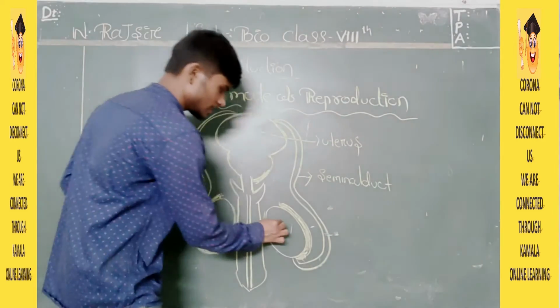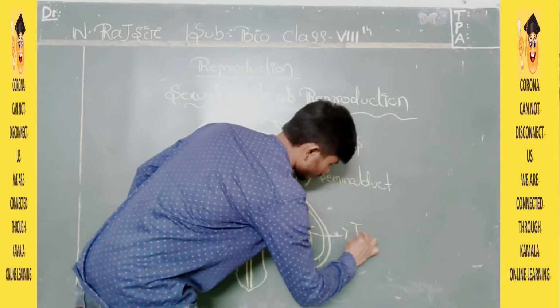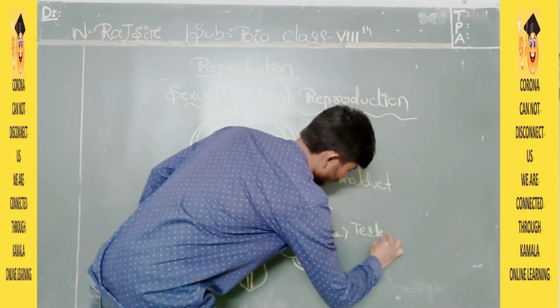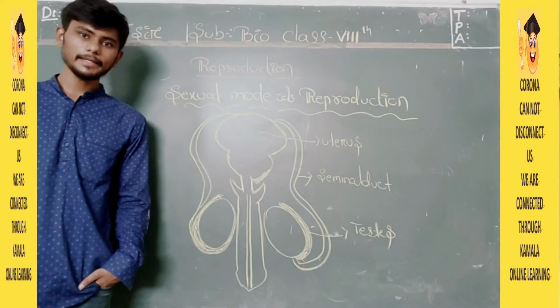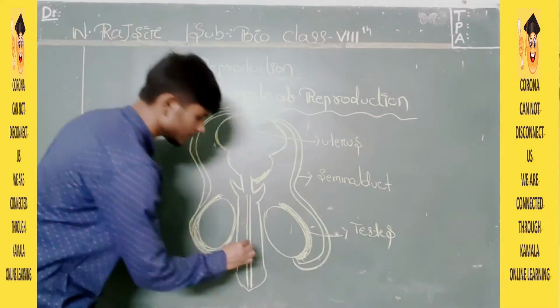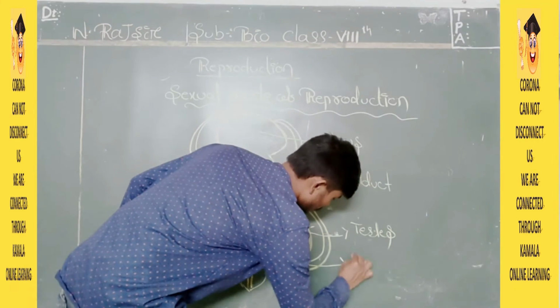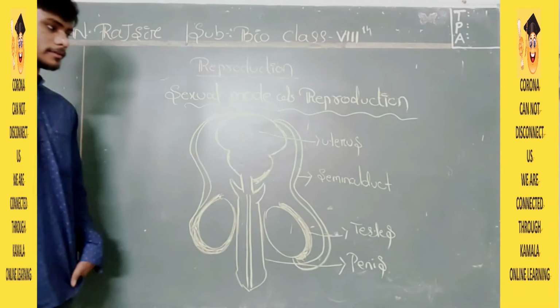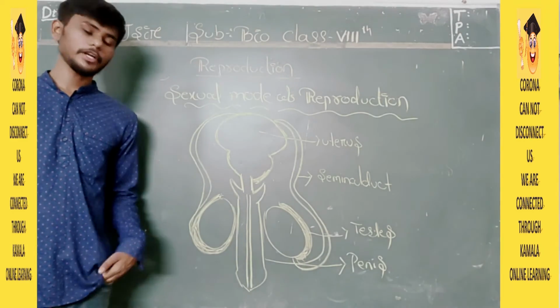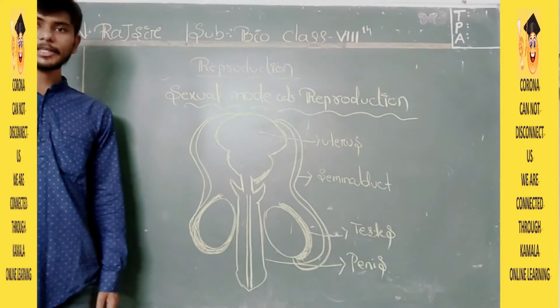Then a pair of testes are located. And along with that, there is a penis, which is known as the urogenital duct. There are four important parts located in the male reproductive system.